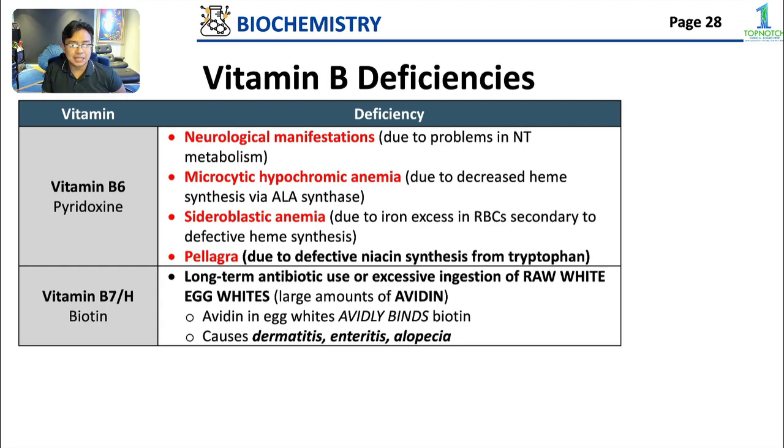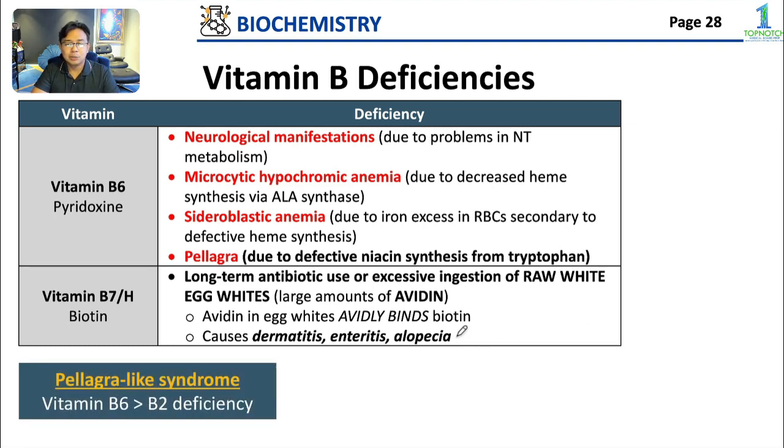But take note, guys, that both vitamins B6 and B12 can cause pellagra-like syndrome because both are needed to convert 60 milligrams of tryptophan into 1 milligram of niacin. That is the ratio. But between the two, vitamin B6 is more important in this pathway. Thus, it is more likely to produce pellagra-like symptoms.